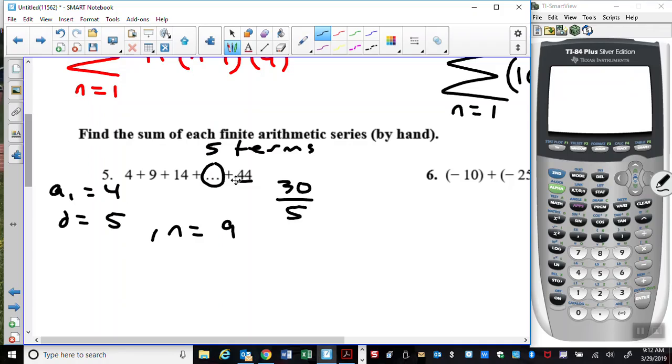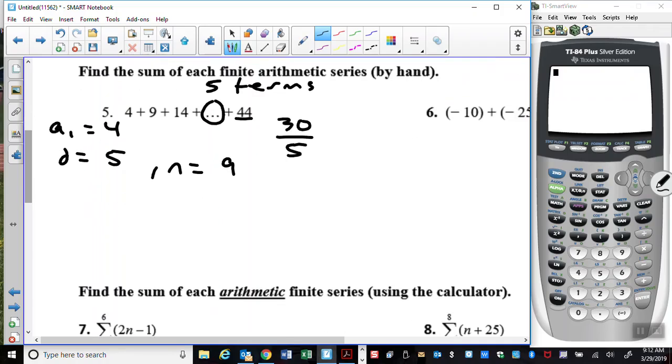Another way to do that is to set up an explicit rule. The last term is 44, so a sub n equals 44. The first term is 4. The rule has n minus 1, and I know the difference is 5. So I can just solve for n here. 4 plus n minus 1 times 5.